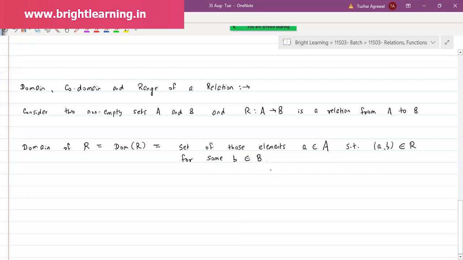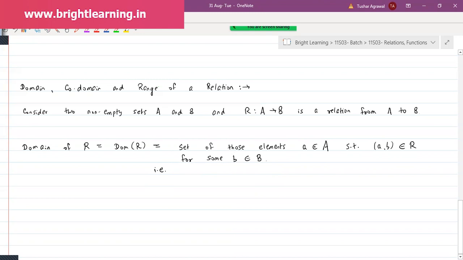So in rough language, you pick up those elements of A which actually form an ordered pair. Means the set of those elements a belonging to capital A such that (a, b) belongs to R for some b.